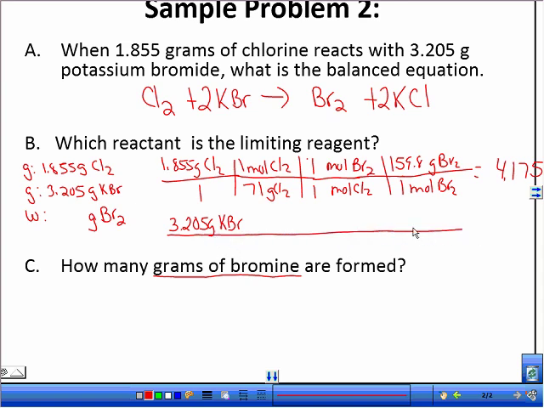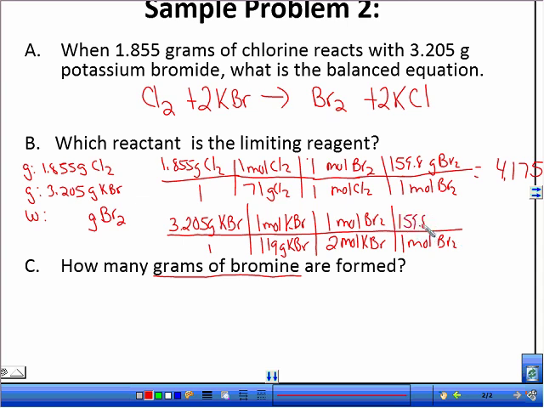Okay, here we go. Coming down is 119 grams of KBr from the periodic table. That's 1 mole of KBr. And 1 mole of Br2 in front of, so 2 mole of KBr, 1 mole of Br2, and 159.8 grams of Br2.